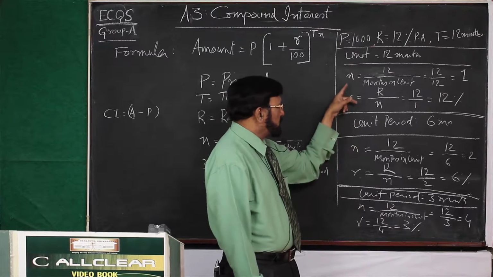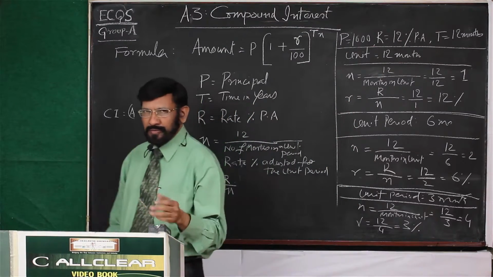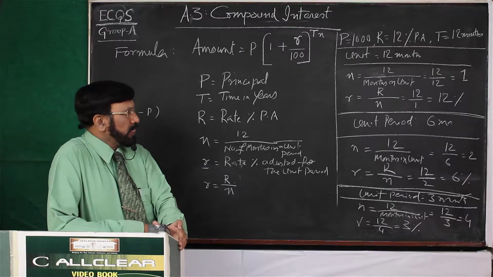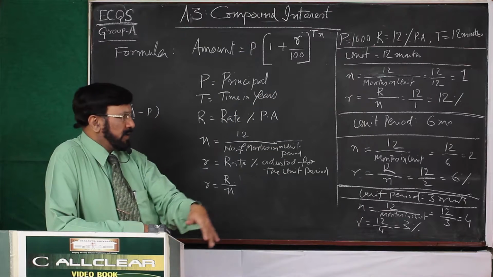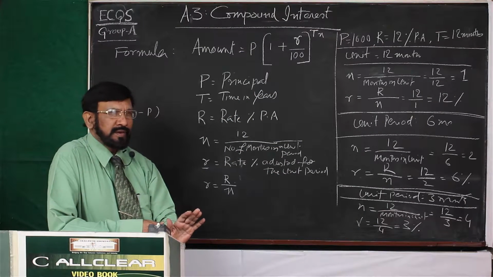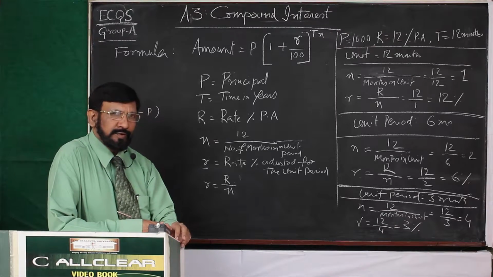If you are able to understand N and R, you can easily tackle this issue, whatever may be the intricacy in the problem. Now, I will take up 3 examples and explain, by that you can have a clear idea about the calculation of compound interest.